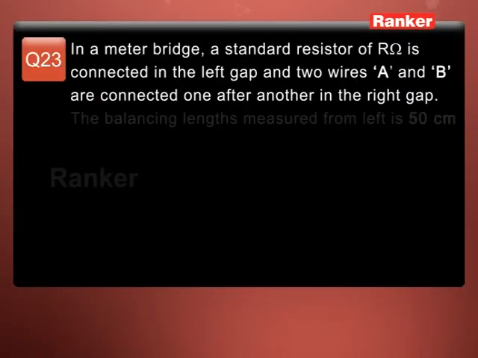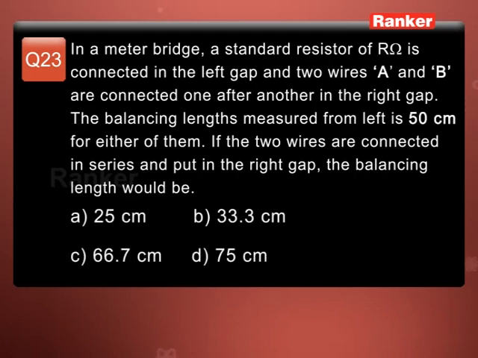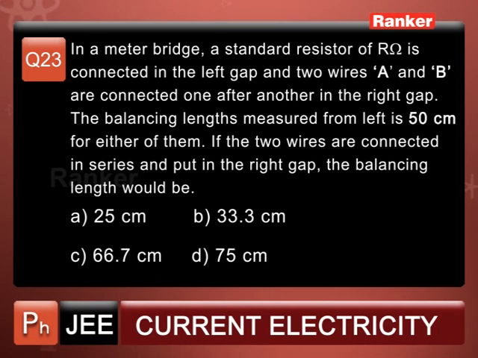Problem number 23 now. In a meter bridge, a standard resistor of R ohm is connected in the left gap, and two wires A and B are connected one after another in the right gap. That means they are not simultaneously used there. First A is used, then B is used.